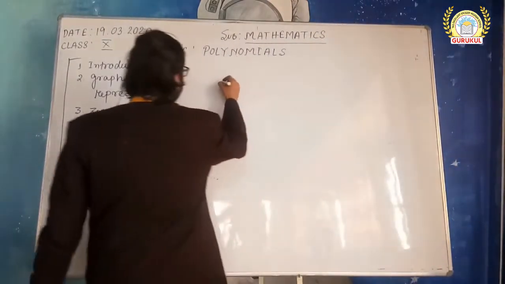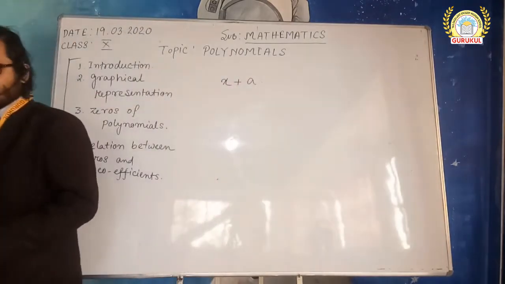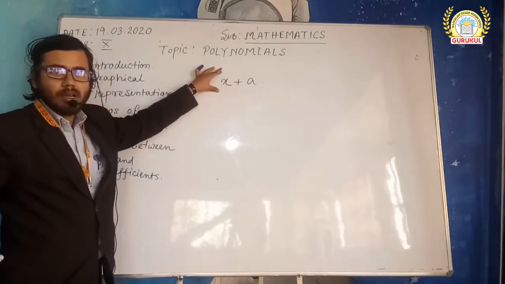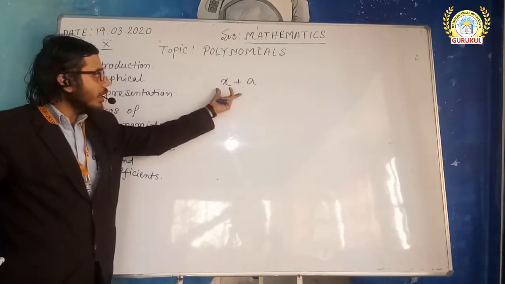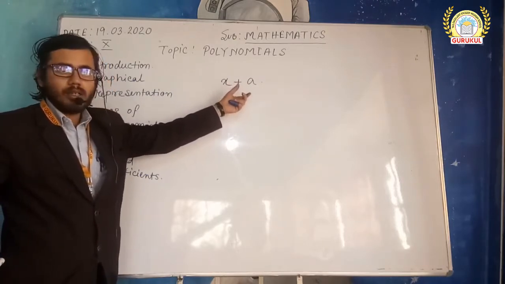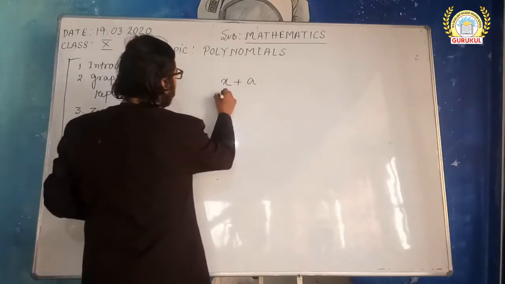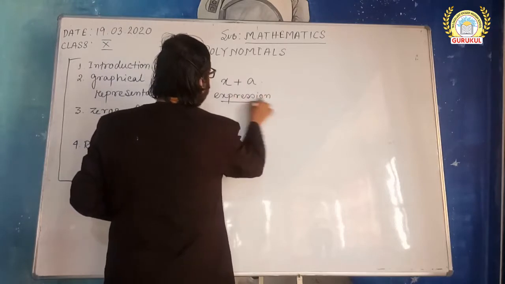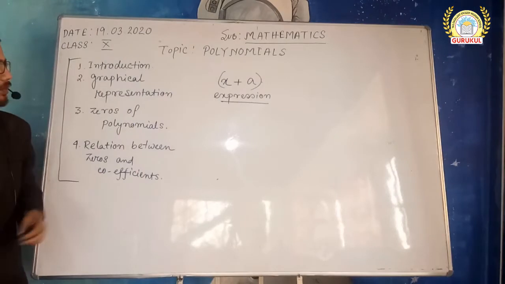Suppose I am writing x plus a. Here one variable part is x, a constant part is a, and we mix these 2 parts using a plus sign, and this becomes an expression. So this is an example of a polynomial.